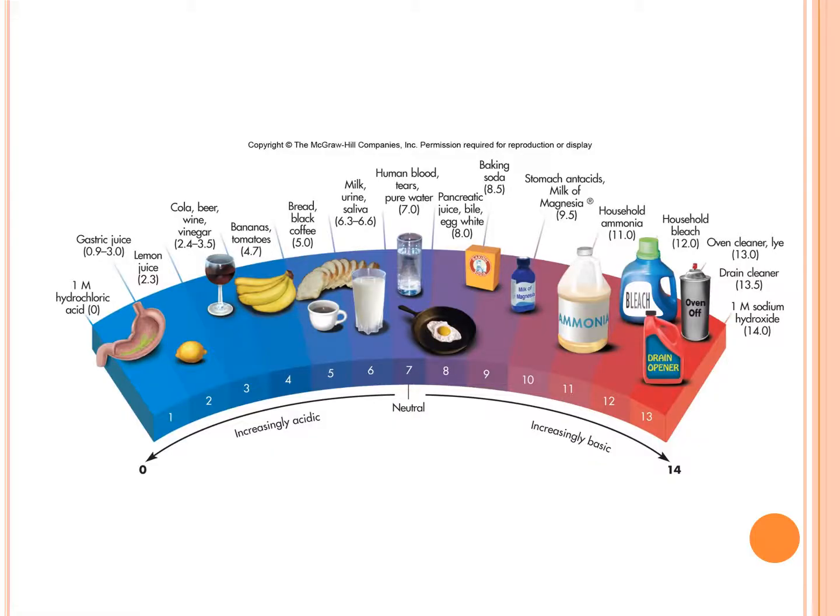Just to remind you, the acid of the stomach, the hydrochloric acid, is considered to be a strong acid. On the spectrum of things, if human blood and pure water has a pH of 7, hydrochloric acid can go as low as 1 to 0, and the gastric juices that we secrete tend to run 0.9 to 3.